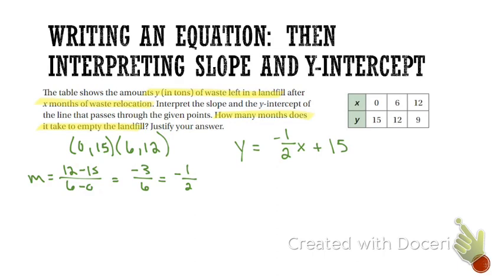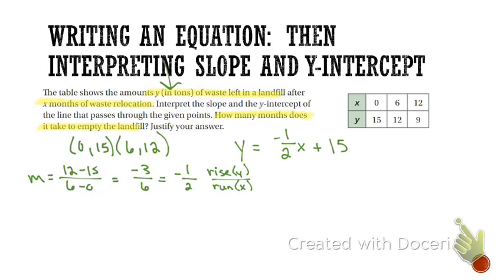So what does this mean? Remember, this is rise, which is my y value, over run, which is my x value. What did y stand for? The amount of waste in tons. So that's good, right? That it's negative means I'm losing waste, or I'm getting rid of waste. X stood for what? Months. So how many months did it take?